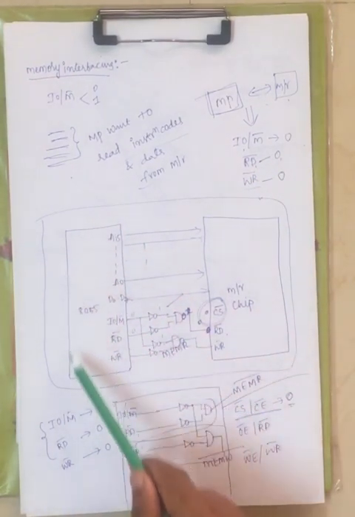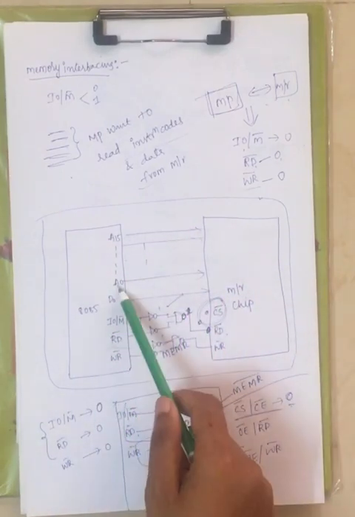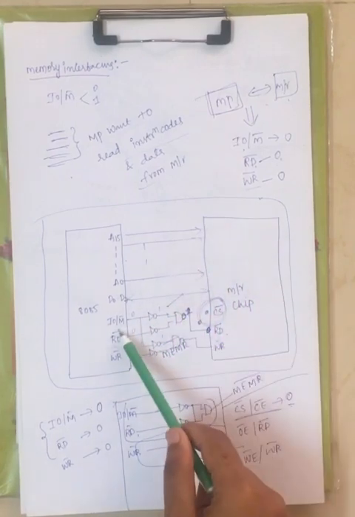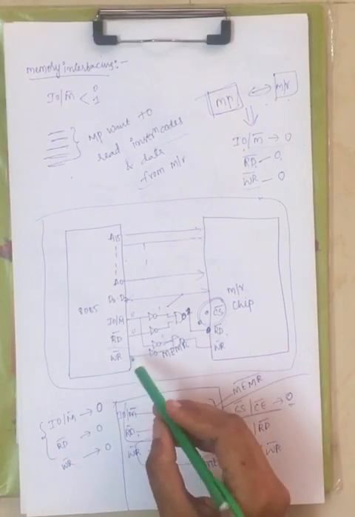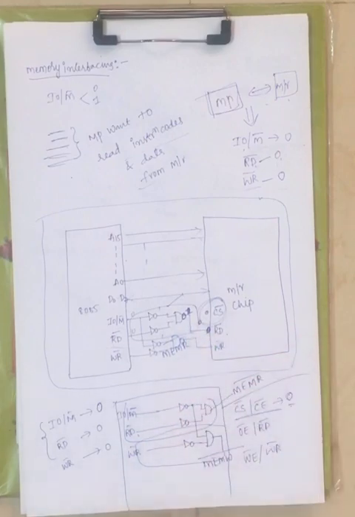Now how to interface? Address lines are connected to the address lines of the memory chip, and data lines are connected to the memory chip. The three signals are IO/memory bar, read signal and write signal. You can do two operations, memory read or memory write. When we require memory read operation, this circuit is connected to the read signal.